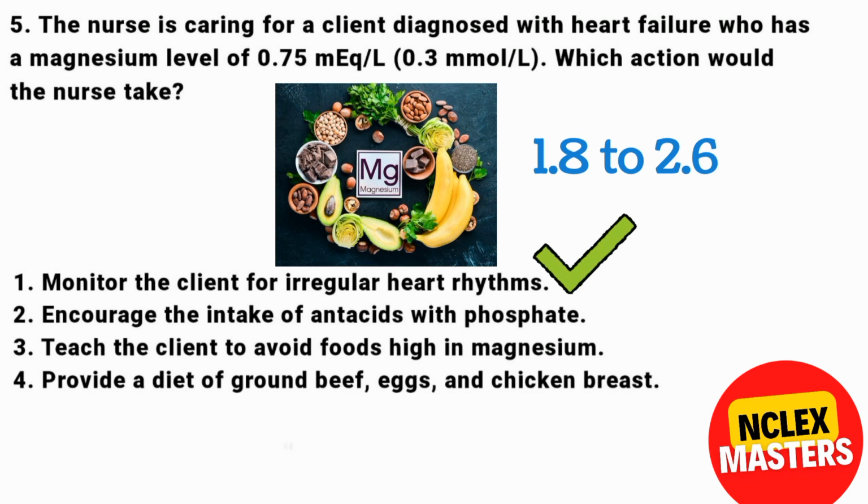Thus, hypomagnesemia increases the client's risk of ventricular dysrhythmias. The nurse avoids administering phosphate in the presence of hypomagnesemia because it aggravates the condition. The nurse instructs the client to consume food high in magnesium. Ground beef, eggs, and chicken breast are low in magnesium.